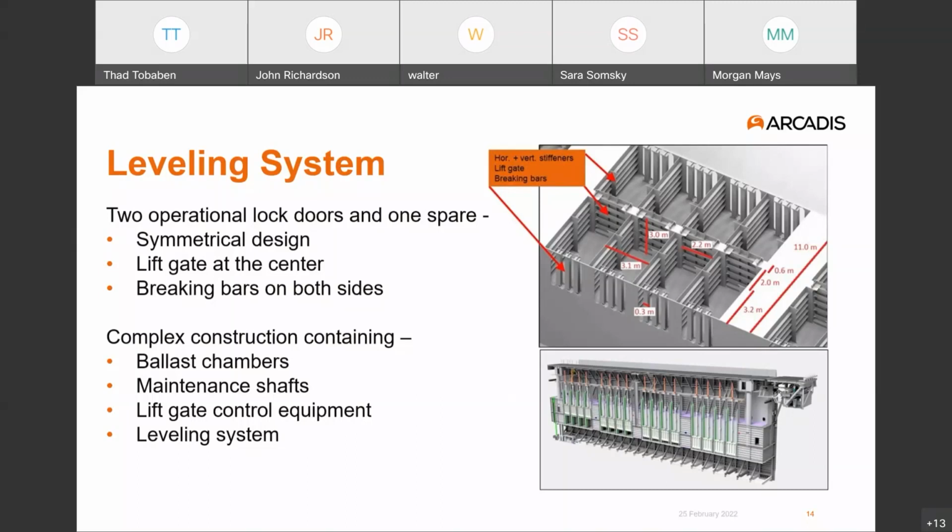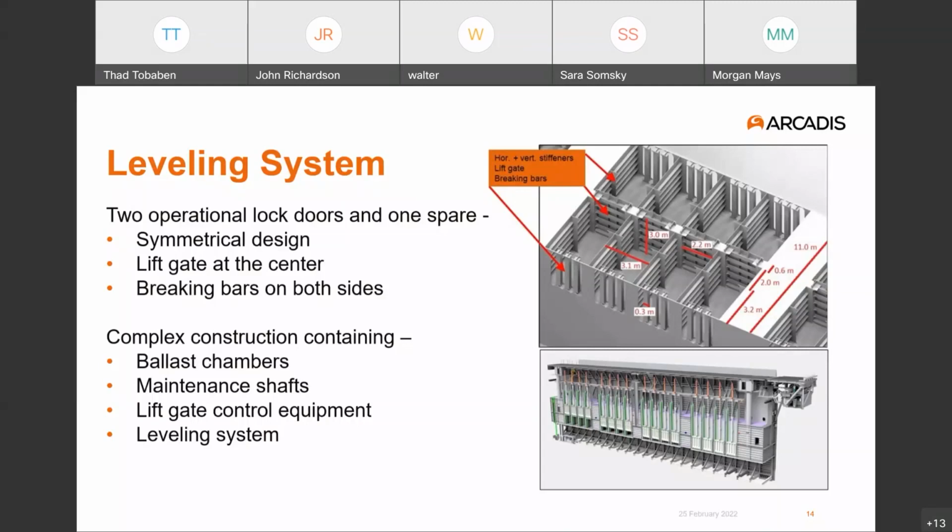As flow goes into the doorway, the braking bars prevent large debris from being dragged in with the flow as well. And as flow would exit the door, essentially going the opposite direction, those bars help break up the jet flow to minimize the disturbance caused on the downstream side of the doorway. So when the lock's being filled, for example, it would help disrupt currents that would make the mooring system requirements a little bit more.